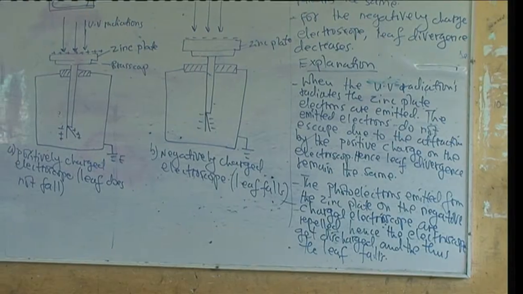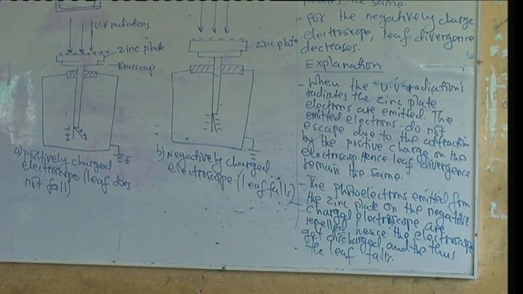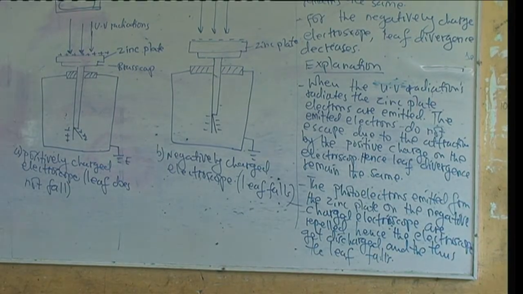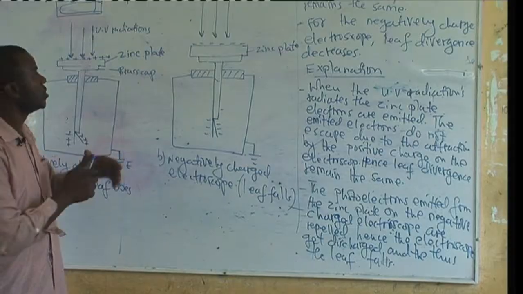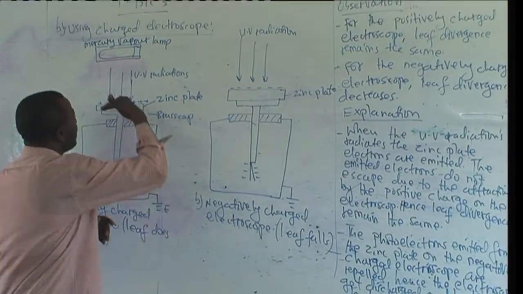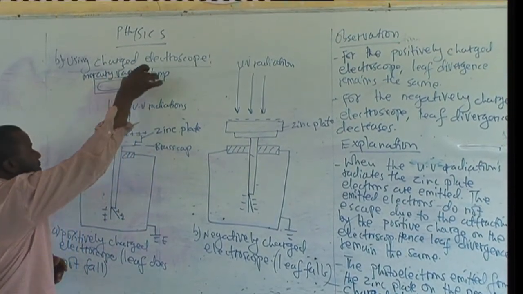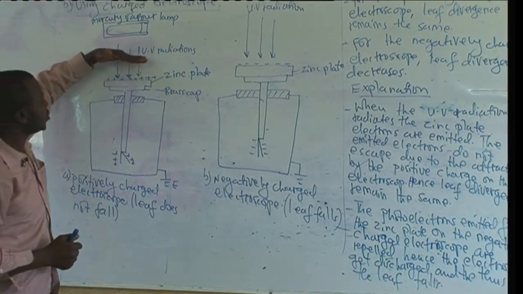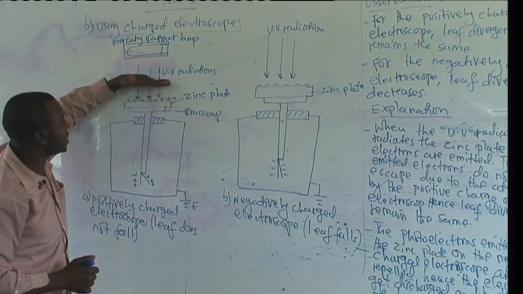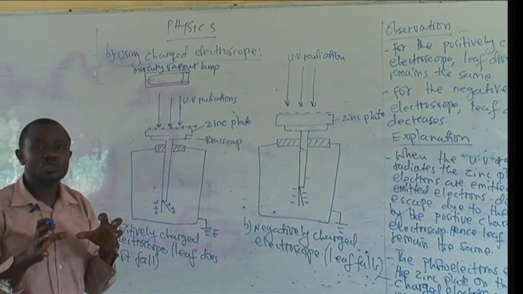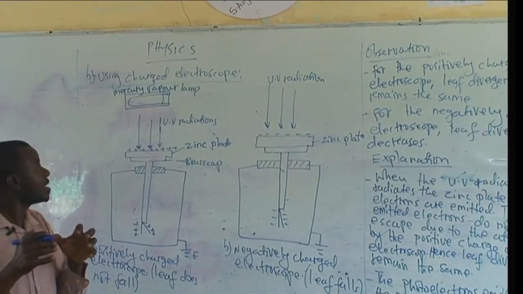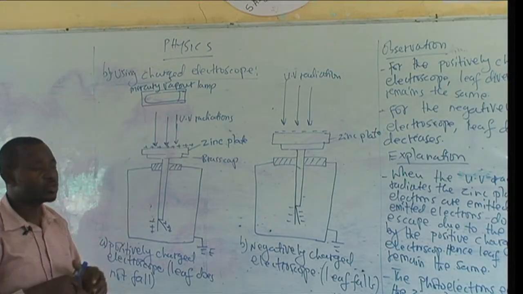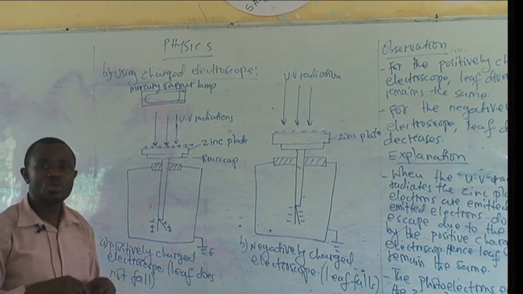Now, what do you think will happen if we used an ordinary glass which is likely to absorb some of these radiations, so that you place that glass in between the mercury vapor lamp that produces the UV radiation and the zinc plate? When you introduce that ordinary glass plate here, it is going to absorb the radiations, and therefore those radiations are not going to reach the zinc plate to cause the emission of electrons.